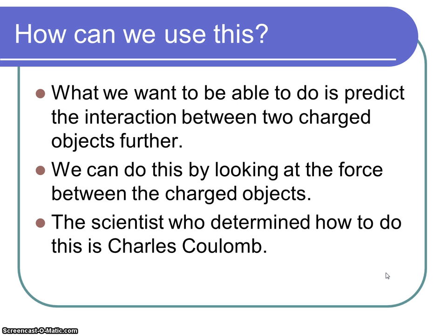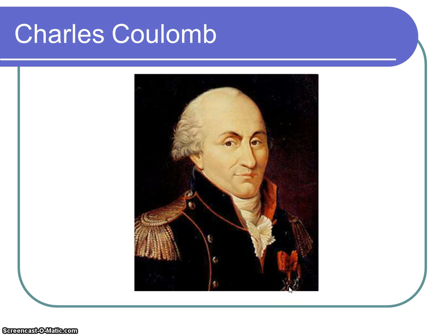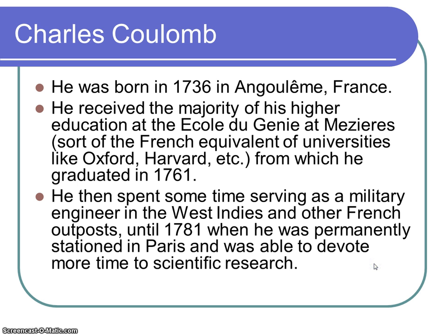We've seen that. But one of the first scientists to do this was a man by the name of Charles Coulomb. And here's a picture of Charles Coulomb. It's his most famous picture, I think, because it's the one that you see on most everything. And he was a French scientist. And here's a little bit of information about him.